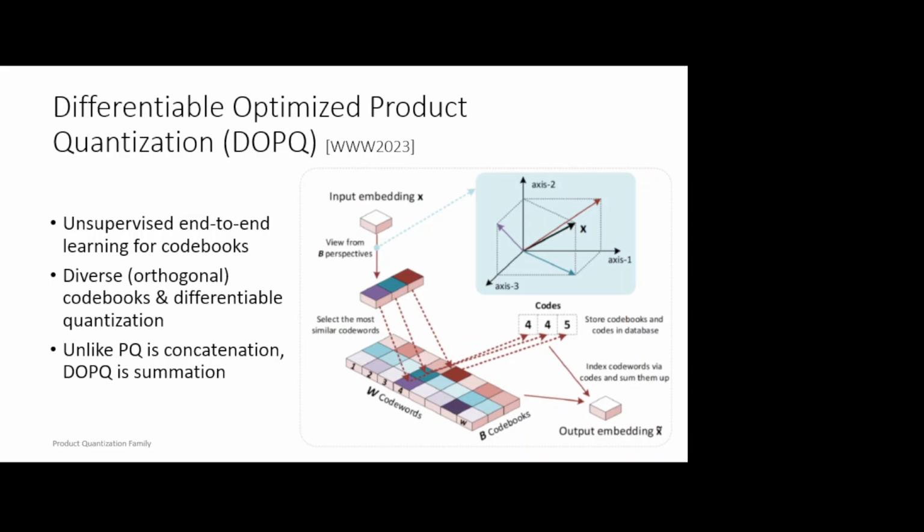So you will get 3 different perspectives, and then do the following. We decompose it into 3 different vectors, and then each vector we project onto 3 different codebooks. This is the first codebook, this is the second codebook, and this is the third codebook. So they are going to deal with the 3 different factors.